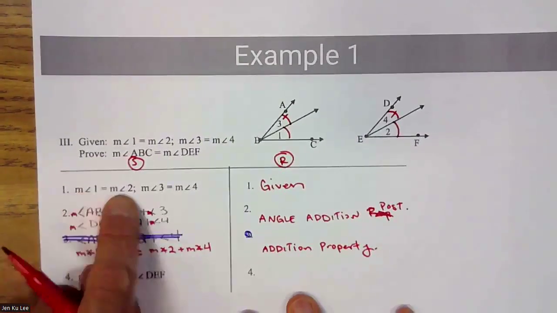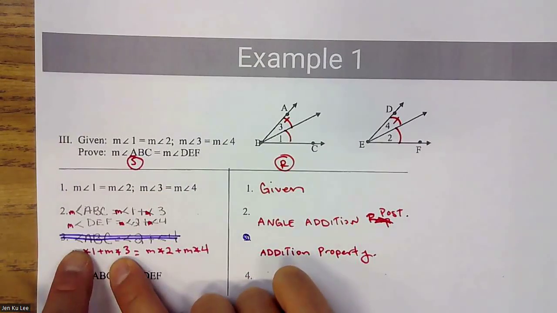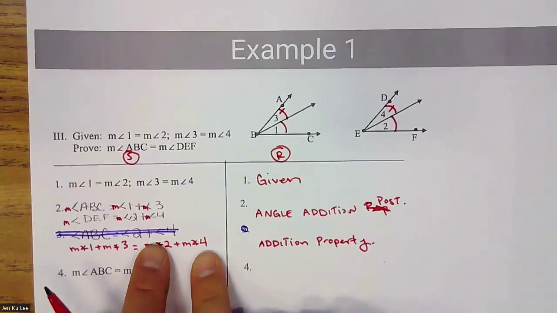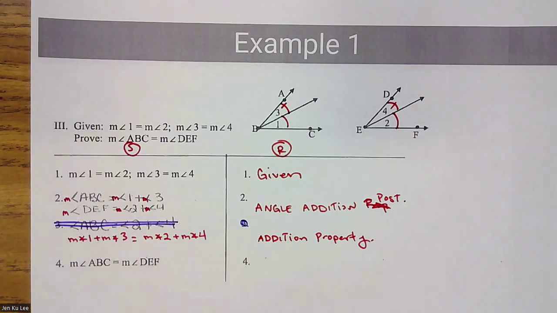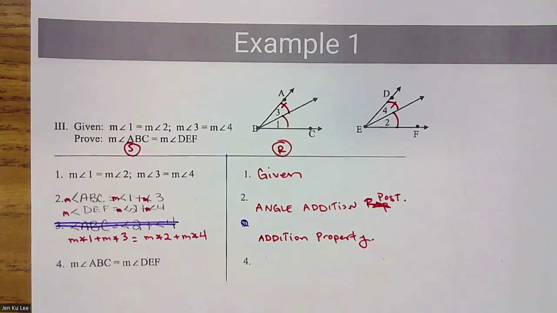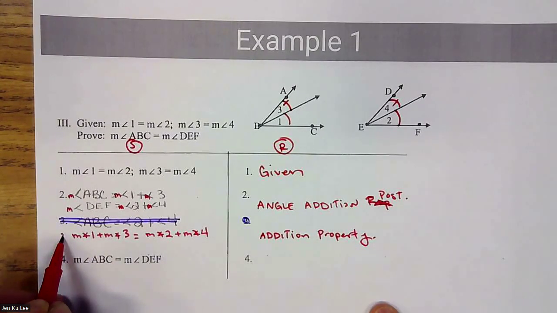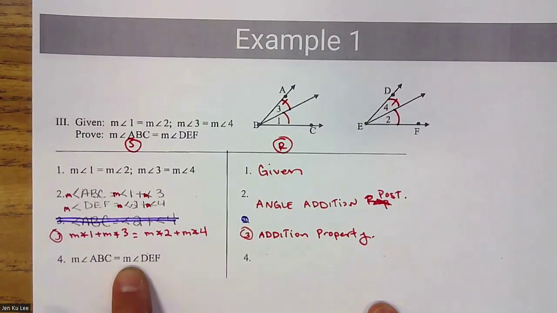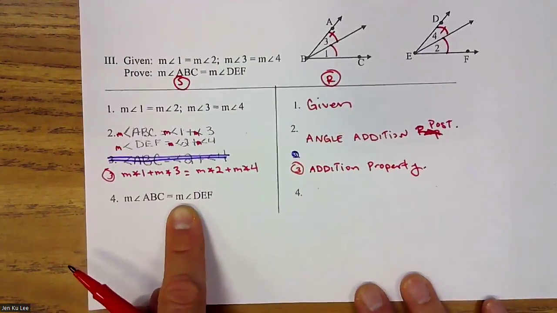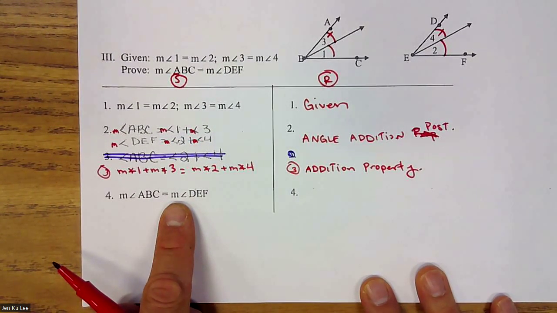Because we're adding 1 from here and we're adding 1 from here, right? 1 plus 3 and then 2 plus 4, right? What is the difference between 3 and 4? How do I know this, guys? It's not given, it's a proof statement.